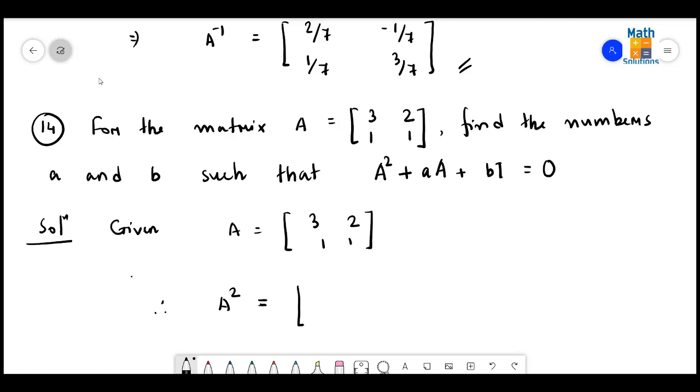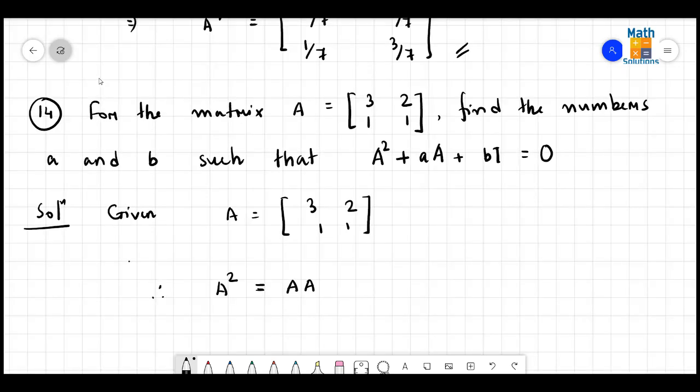So let us put the value here, 3, 2, and one more thing I have to write here: in between, A into A, that shows multiplication of two matrices, that is A and A into A.